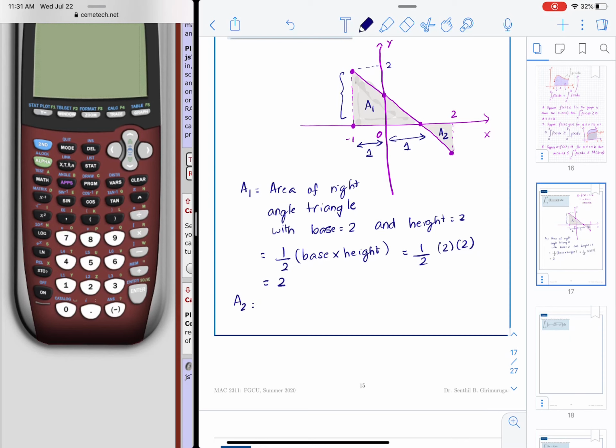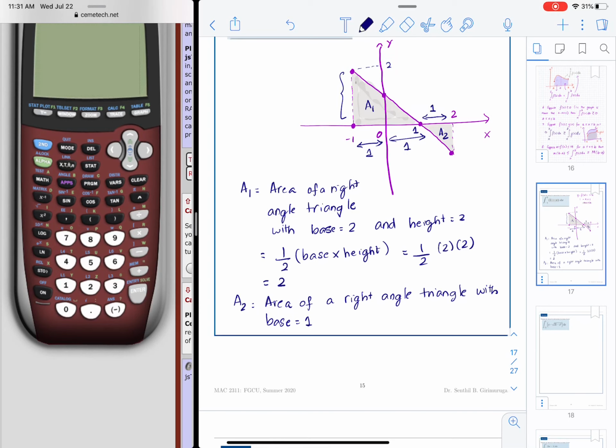A2 is the area of a right-angled triangle with base equals 1, because that number is 1, so base length 1.